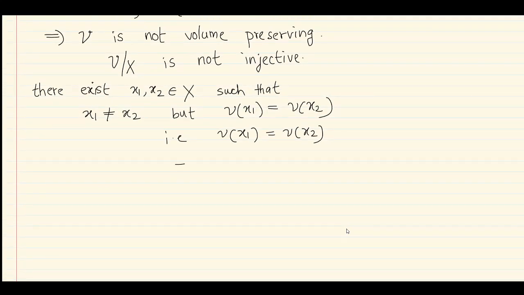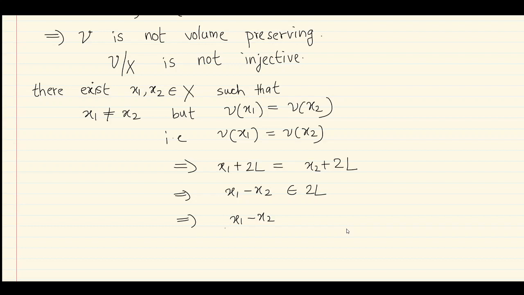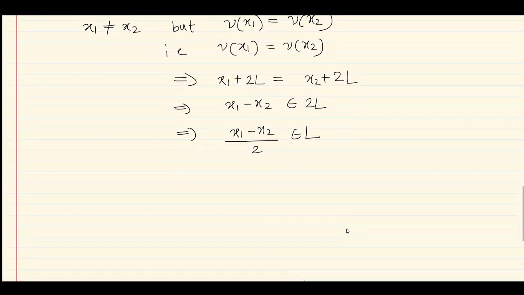Now this implies that x1 + 2L is equal to x2 + 2L, which implies x1 minus x2 is an element of 2L, which implies (x1 minus x2)/2 is an element of L. So we got a non-zero element of L. This is non-zero because x1 is not equal to x2.